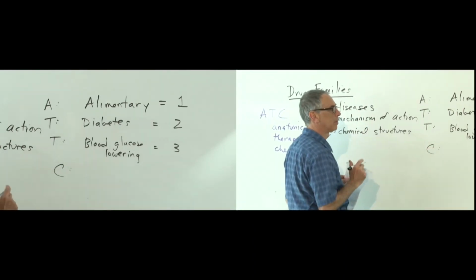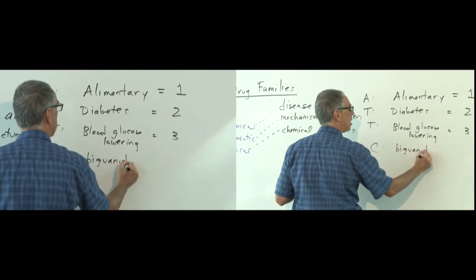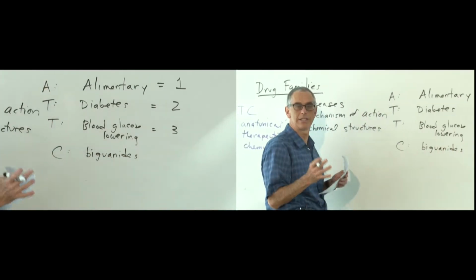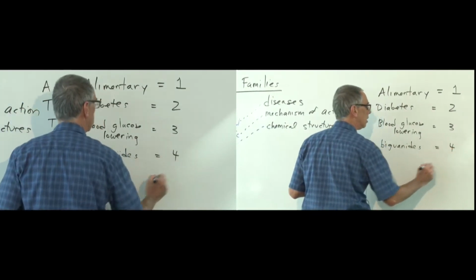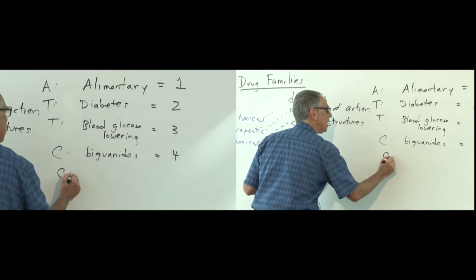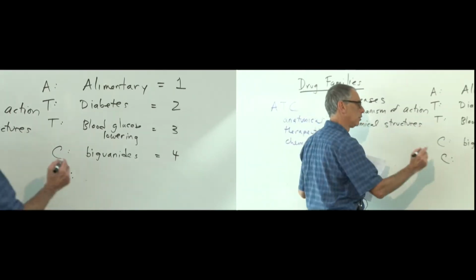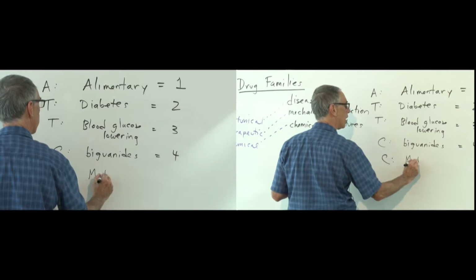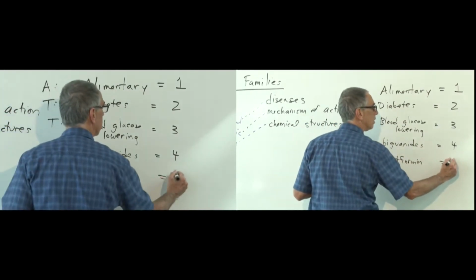One class of chemical structures are the biguanides. These all share a similar chemical structure, and that would be our fourth level. And then you get finally, at the bottom of this tree, to a specific drug. We'll take a famous biguanide used in diabetes called metformin, and that would be level 5.